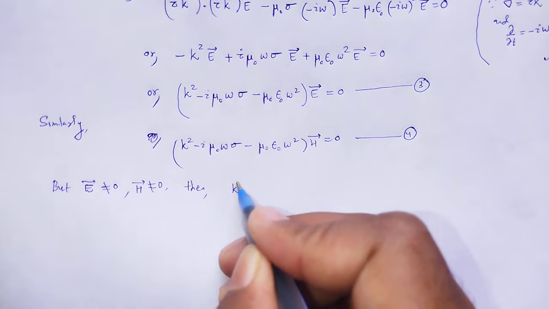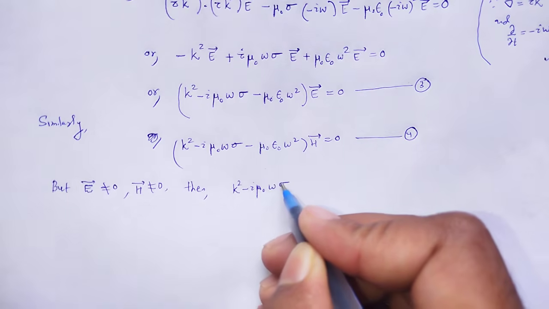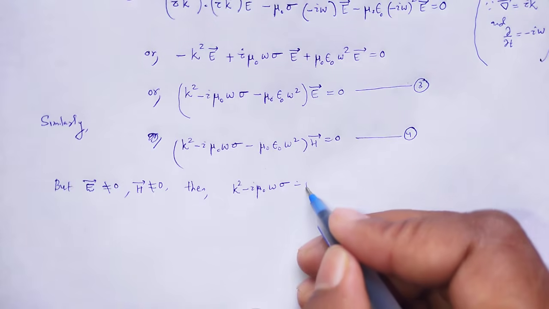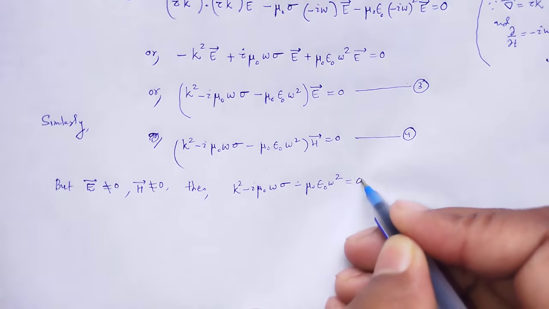Then k square minus i mu naught omega sigma minus mu naught epsilon naught omega square is equal to 0.